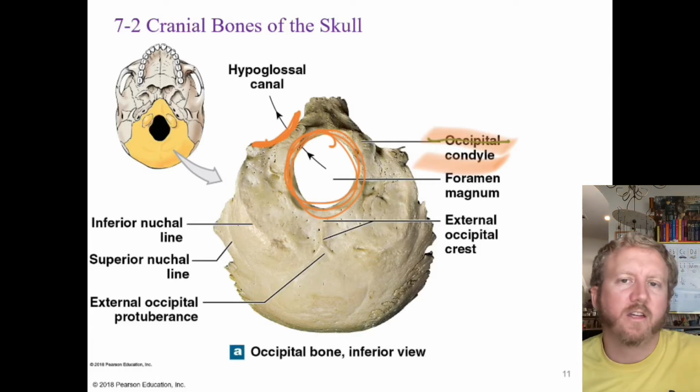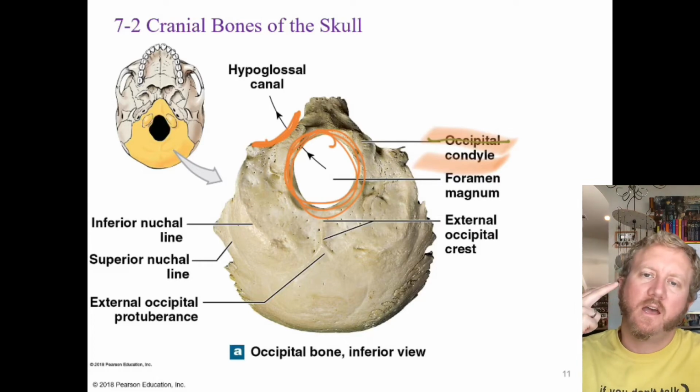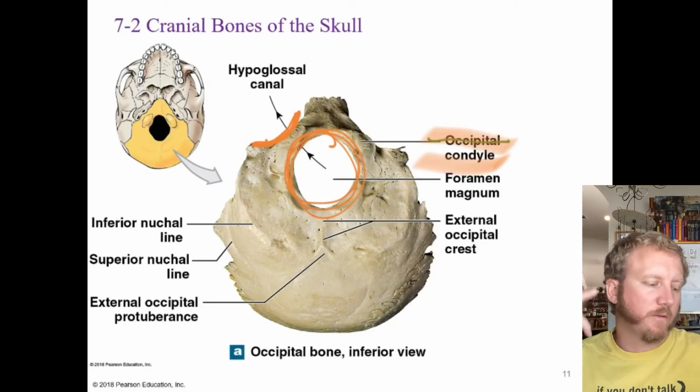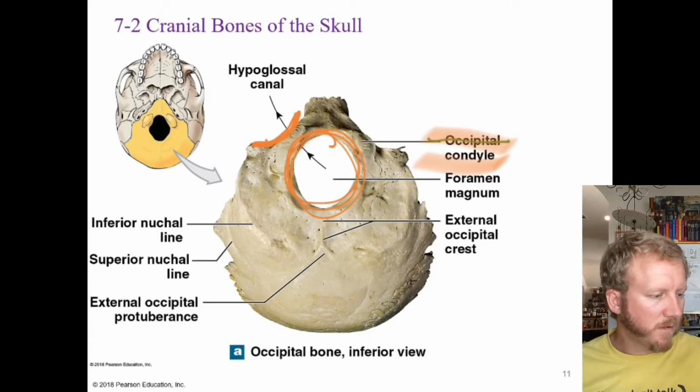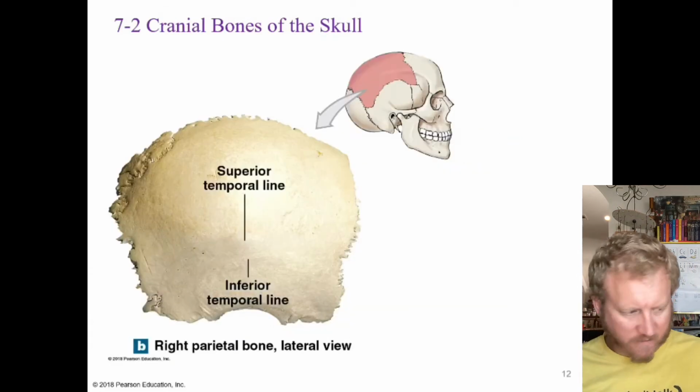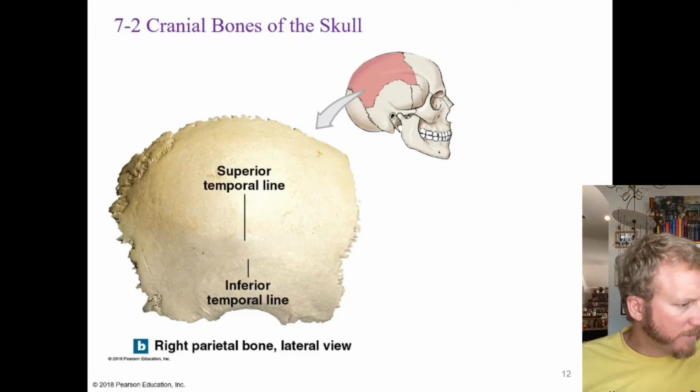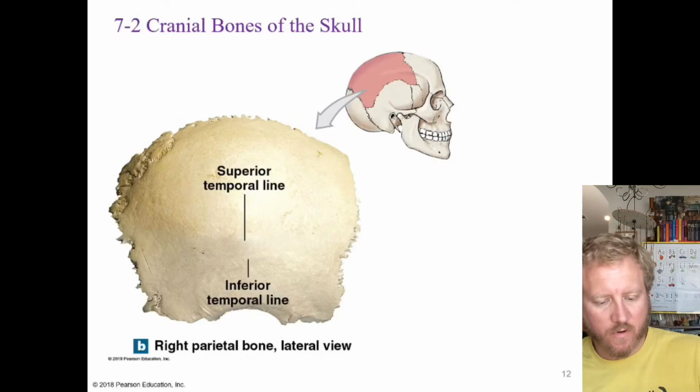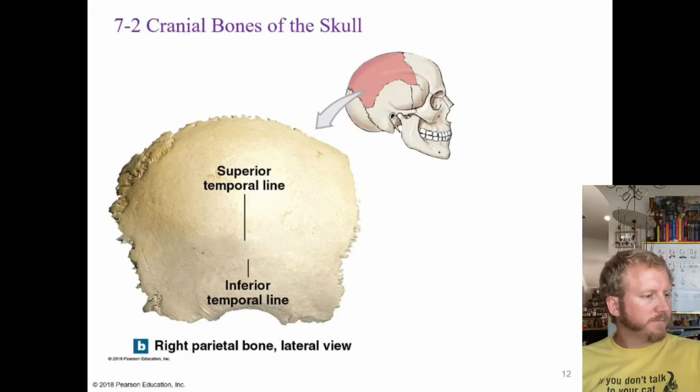And this is where the jugular vein enters the skull to help with blood flow for the brain. Then we have, here's another view, I apologize. Here's another view showing the skull.